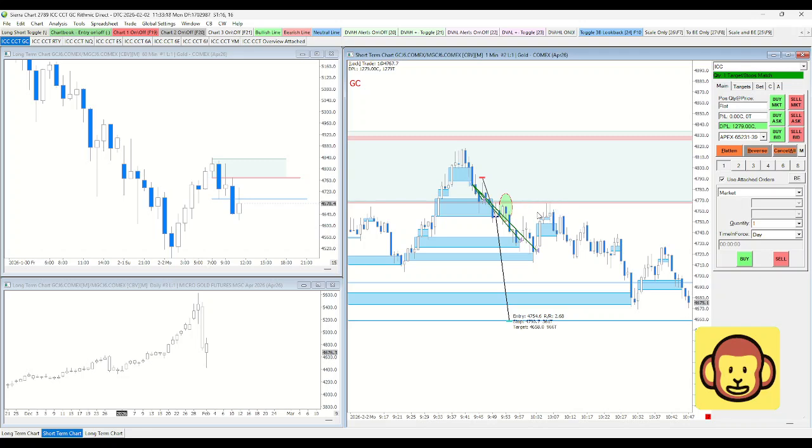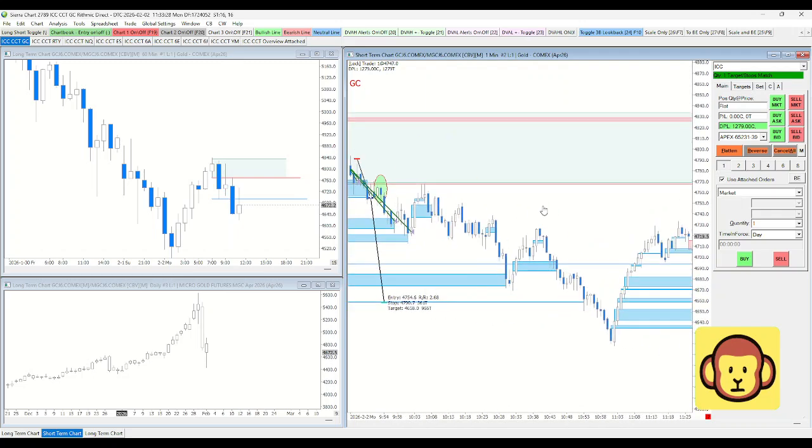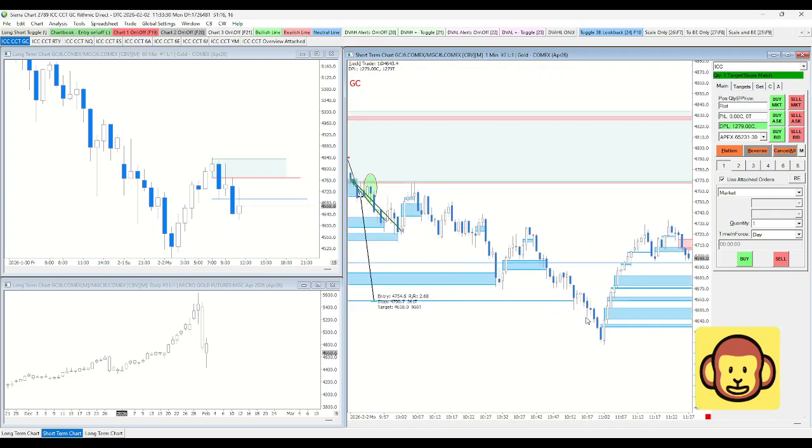It comes back and retests, interestingly, the low of the previous hour. There's clearly something going on with algos here. And then it continues down to my level through a series of lower highs, lower lows, lower highs, lower lows.